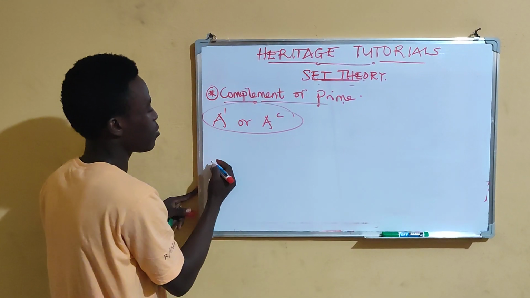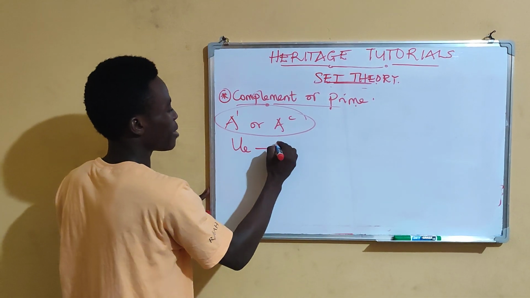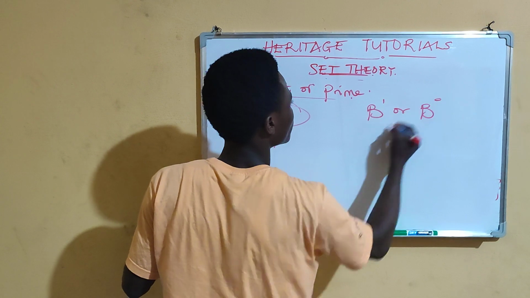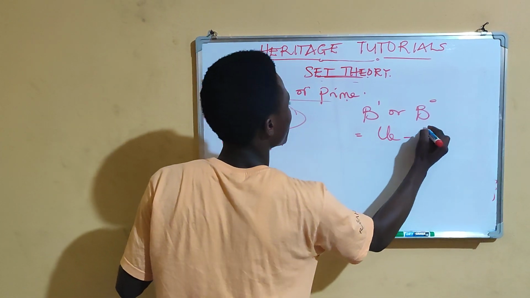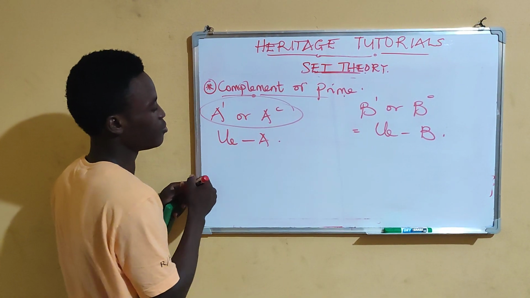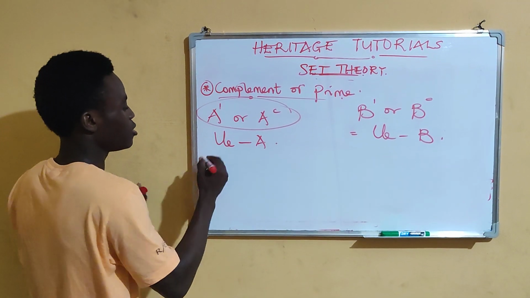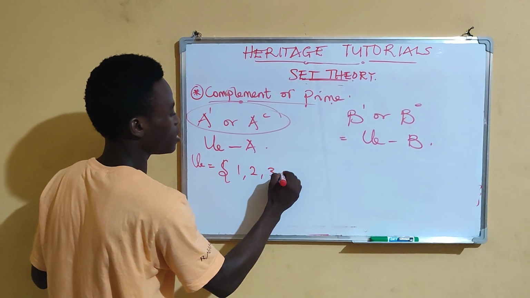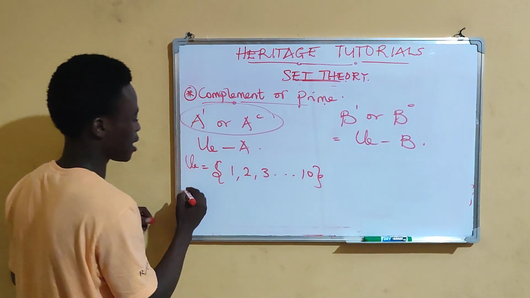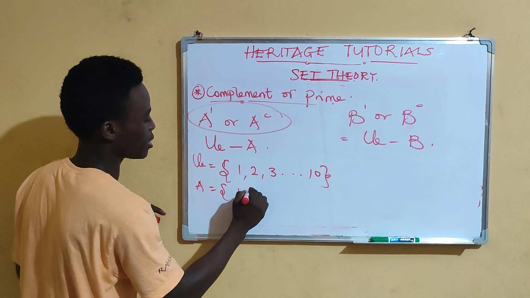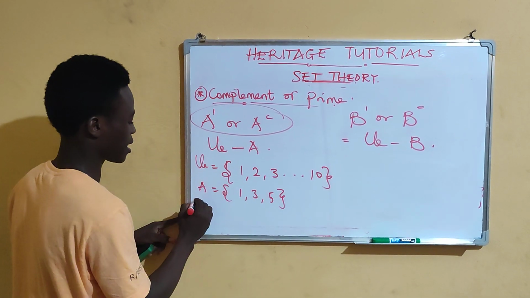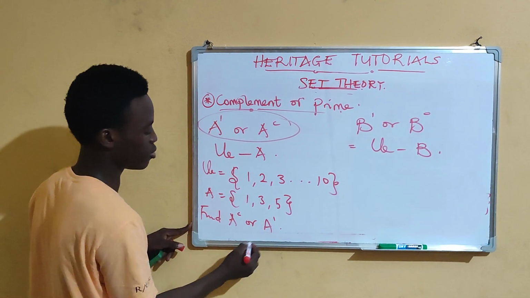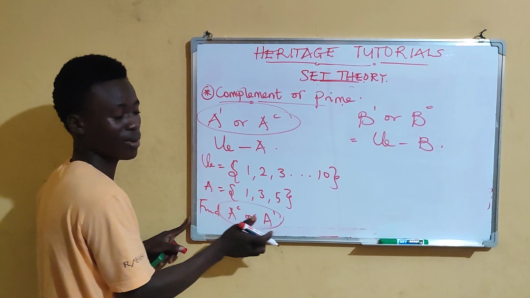In this case, what it simply means is universal minus A. If I ask you to find B prime or B complement, what it means is universal minus B. That is, you actually remove the elements of A from the universal. So if my universal set is 1, 2, 3 to 10, and my A is 1, 3, 5, and I ask you to find A complement or A prime, they both mean the same thing. It's not that they use complement or they use prime.